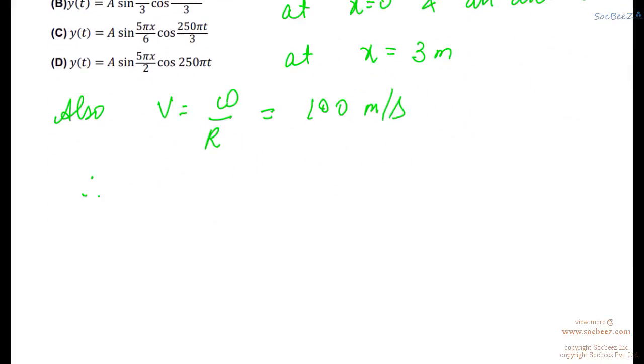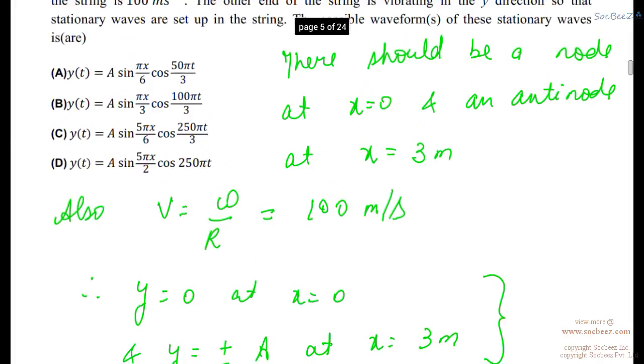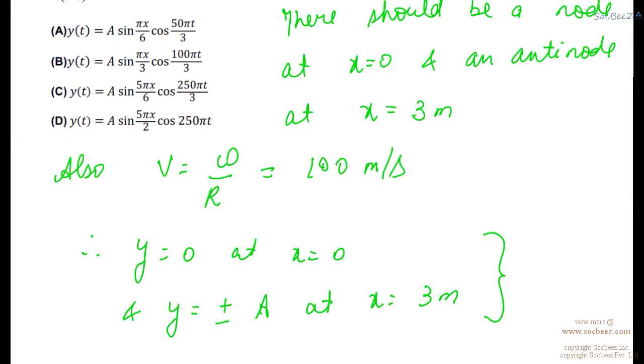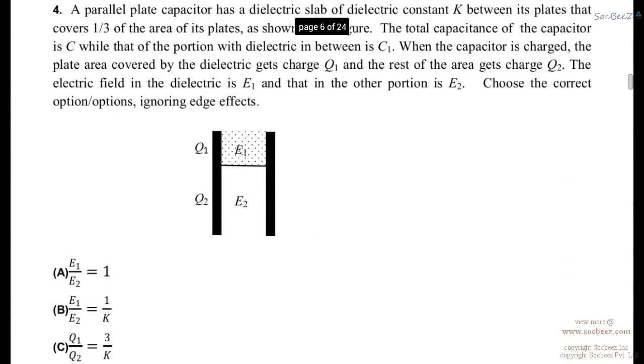So therefore y equals 0 at x equals 0 and y equals plus minus A at x equals 3 meter. These two conditions must be satisfied by the possible waveform. If we substitute these values in the options given here, then only A, C and D satisfy the condition. Therefore the correct options are A, C and D. Okay, so now let's see another question.